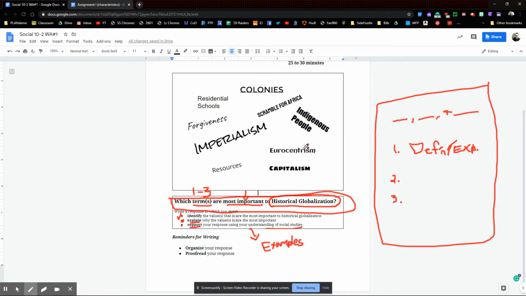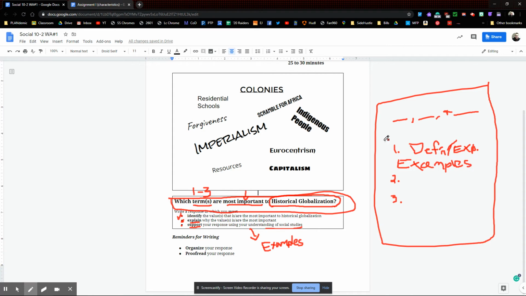Okay, so for example, if you chose Indigenous people and you said they are the most important part to historical globalization, the example part would be things like residential school systems, Aboriginal studies, the scramble for Africa, or looking at all of those different case studies that we've talked about in this course where Indigenous people were linked back to globalization. Okay, so in terms of my sentence or my paragraph structure, I would then be looking at creating an example or supplying some sort of case study from social studies that helps explain that.